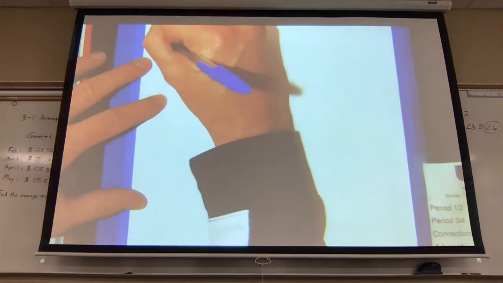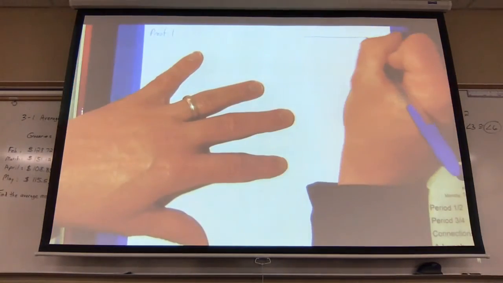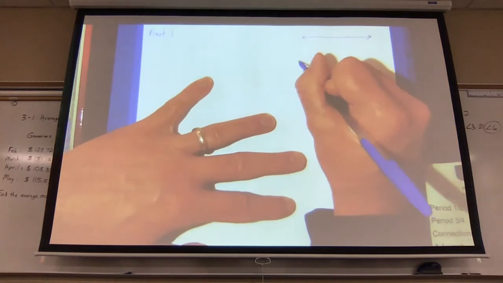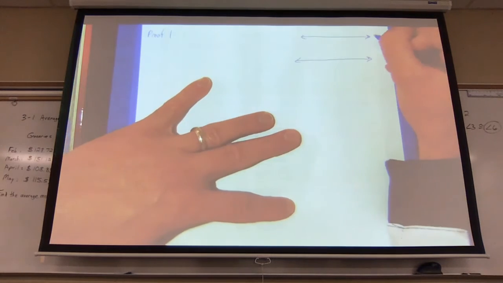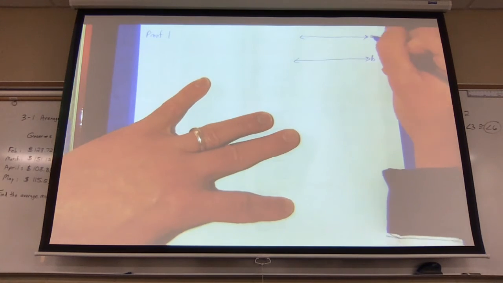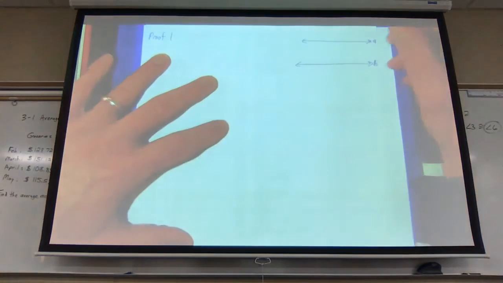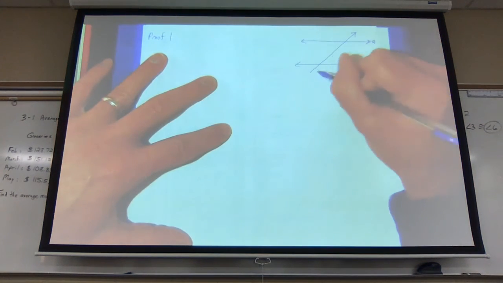We'll call this proof 1. We're going to have a picture here. These are lines A and B. We have a transversal going through them.